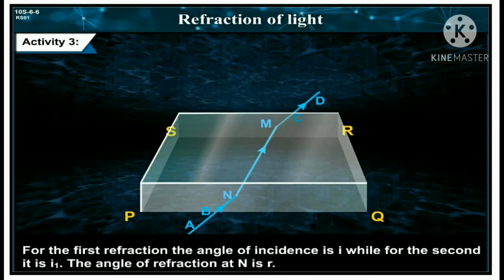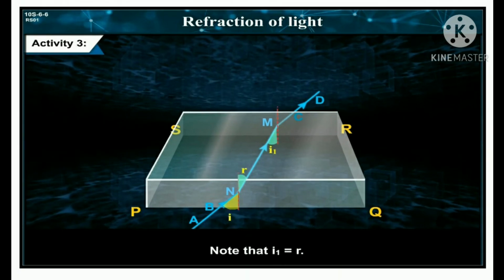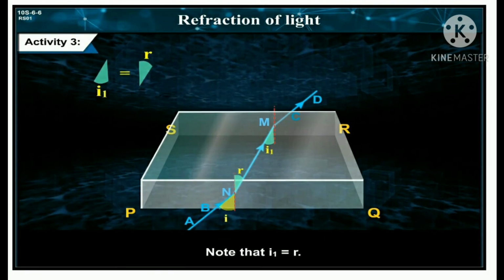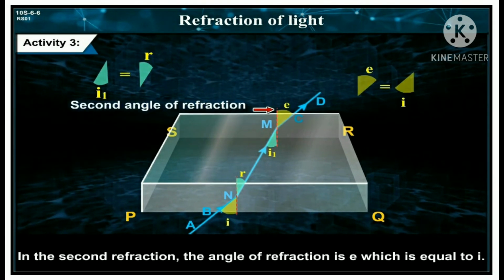The angle of refraction at N is small r. Note that small i1 is equal to r. In the second refraction, the angle of refraction is small e, which is equal to small i.